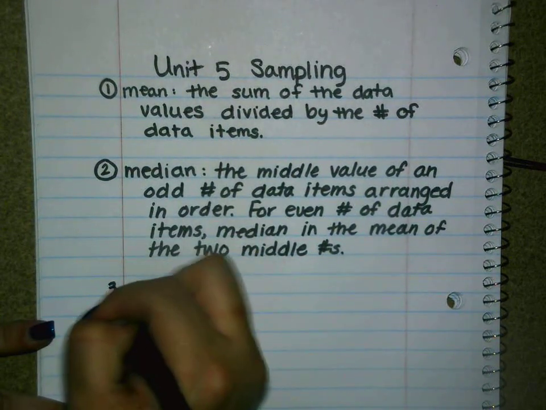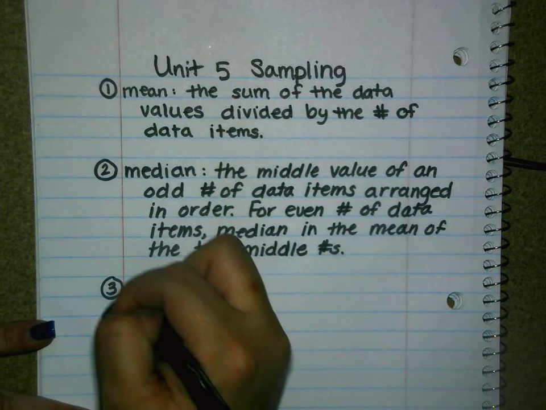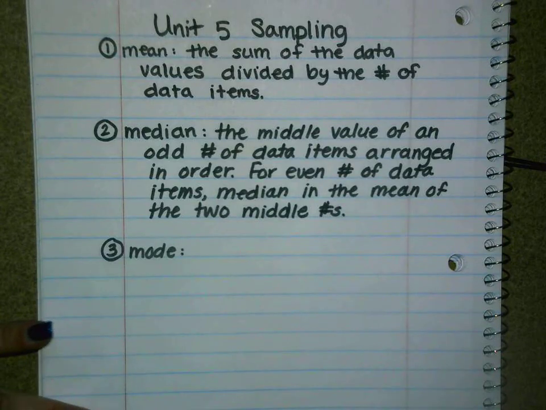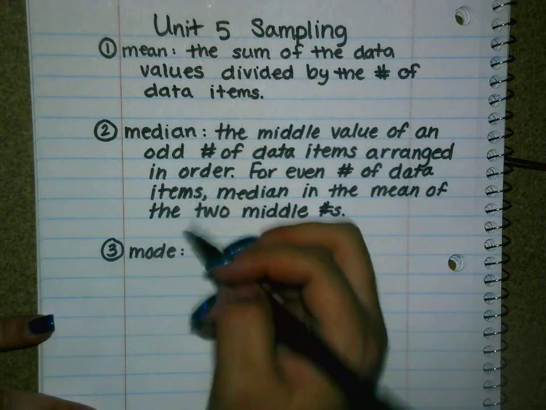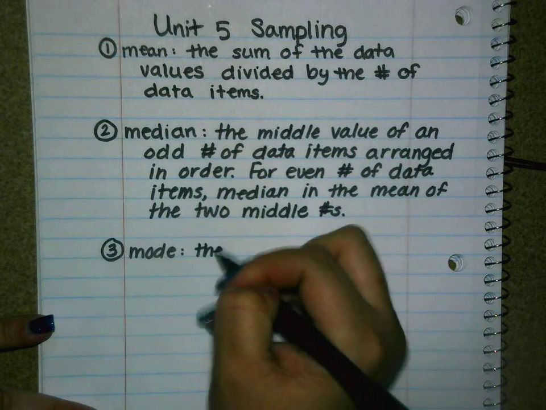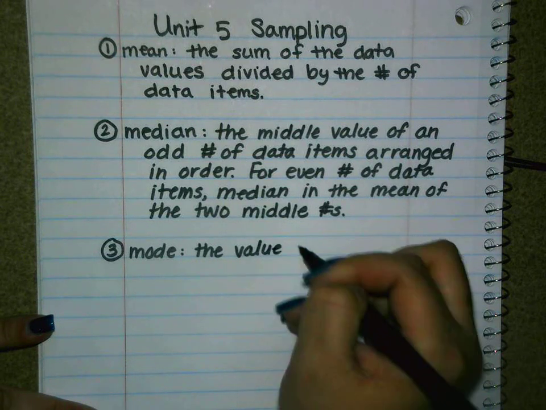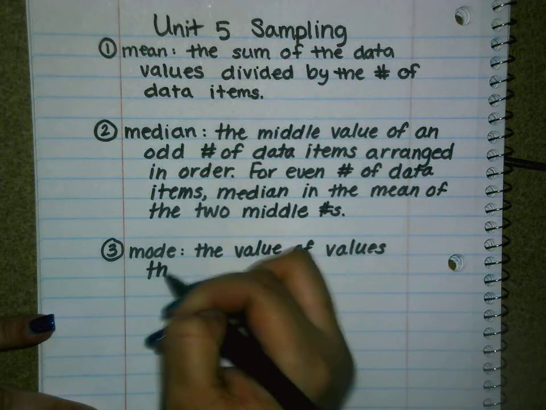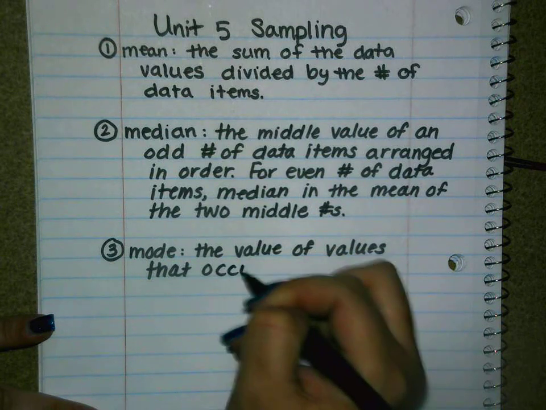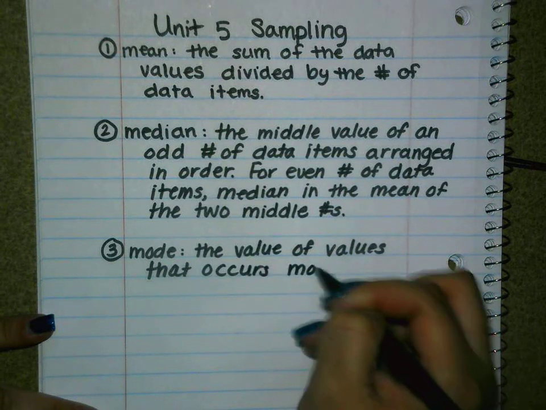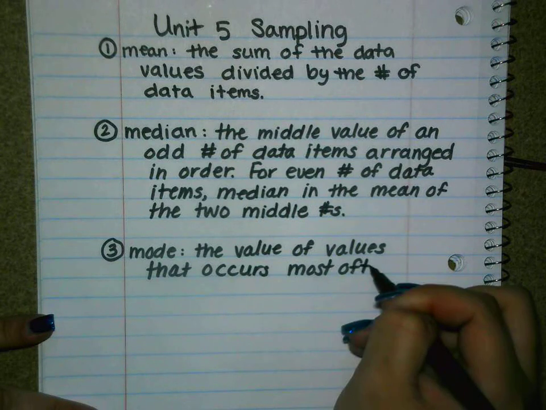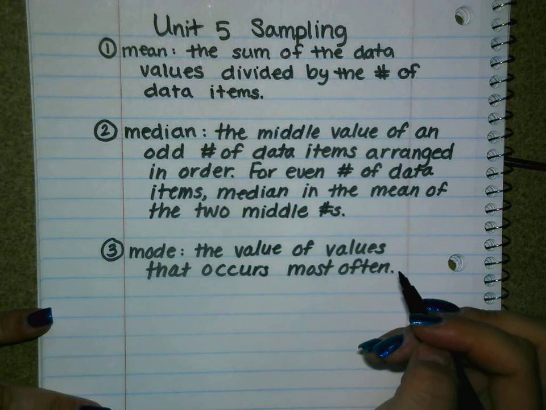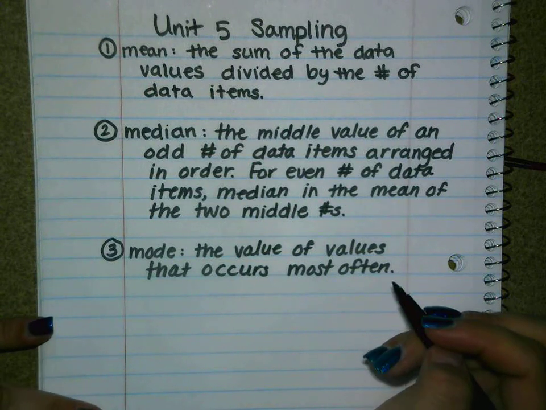Number 3 is mode. So mean, median, and mode is mostly what we're learning today. The mode is the value or values that occur most often. Okay, but sometimes there isn't a mode, so when all the data values occur the same number of times, there is no mode.